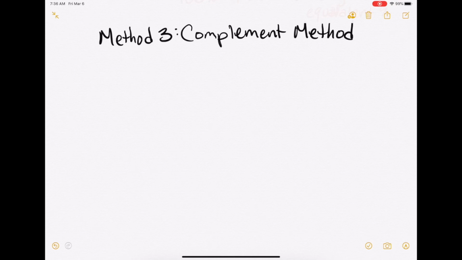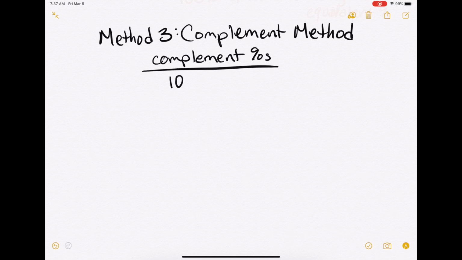So complement percentages are just completely the opposite. So let's look at a few of those. Complement percentages tell you that if it's 10%, then its complement is 90%. The two of them add up to 100.